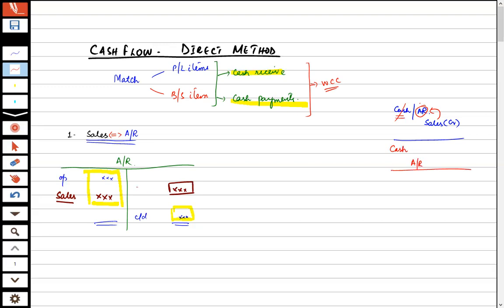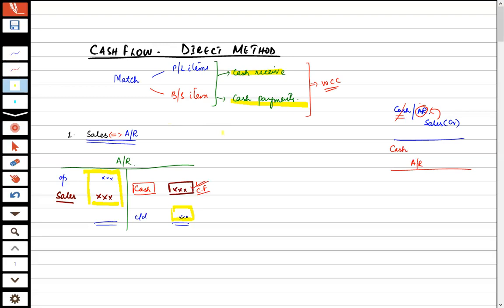So this is the cash received from the customers. And this amount will be shown in the cash flow statement in the operating activities of the direct method. In this way, we can calculate the cash received from the customers, that is, how much cash has flowed into our organization from credit sales.